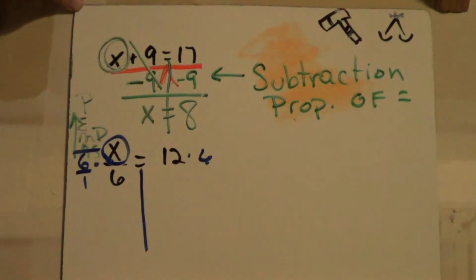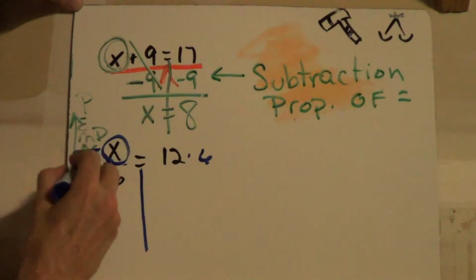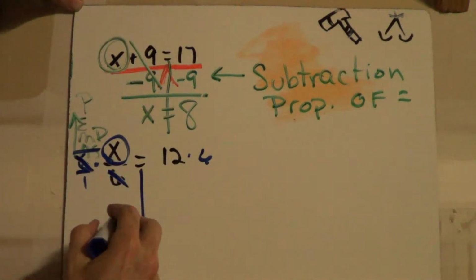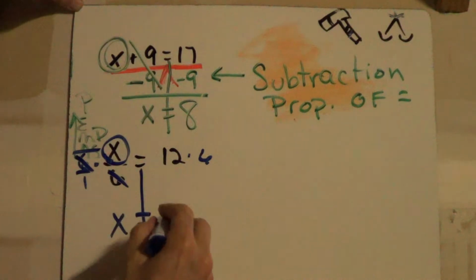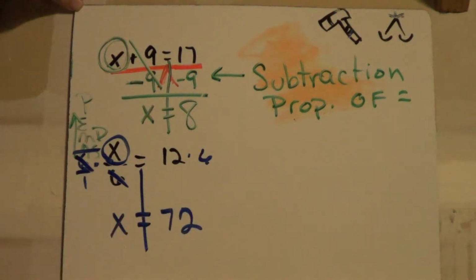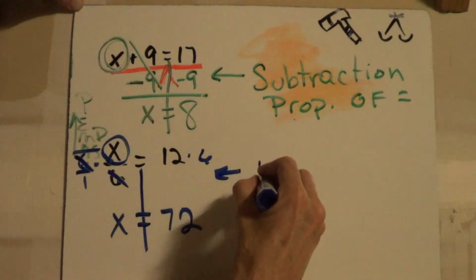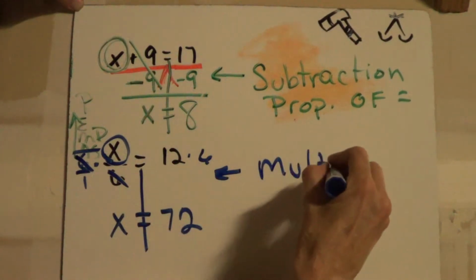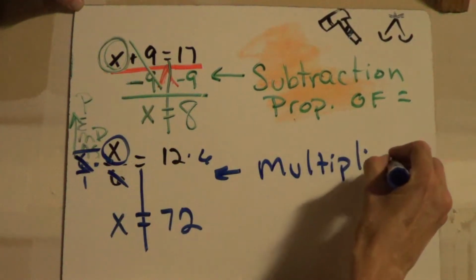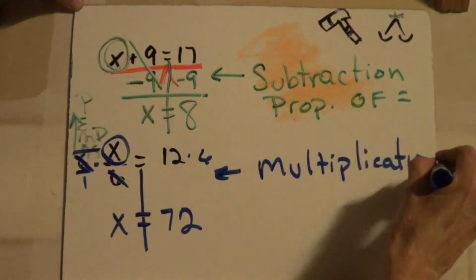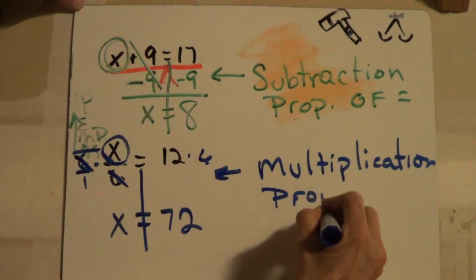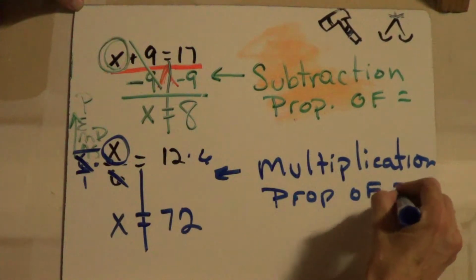So, we have 6 and 6 cancel, and we have x alone, and we get 72. Okay? Now, we can justify that with multiplication property of equality.